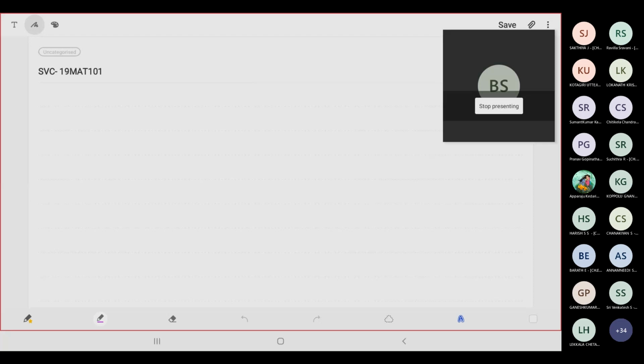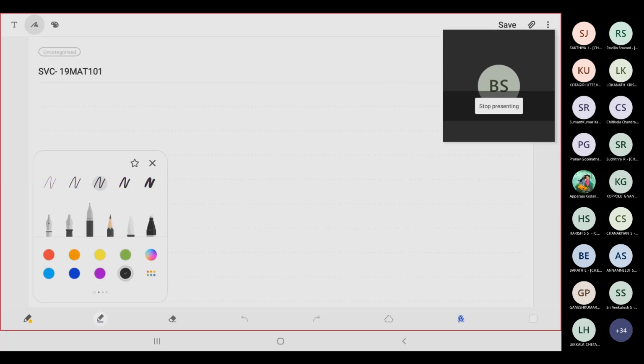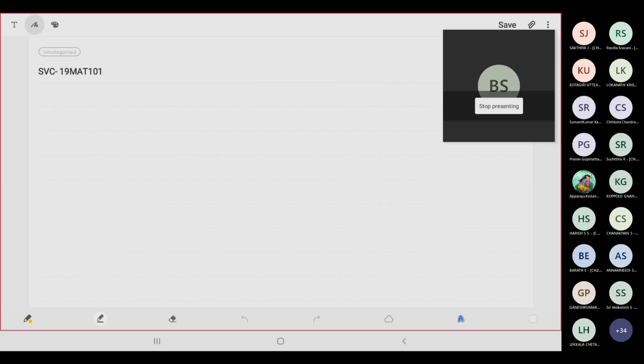Now just recall a few things. In the first unit, regarding the basic introduction to the function, a few things we are going to introduce here regarding the set first.